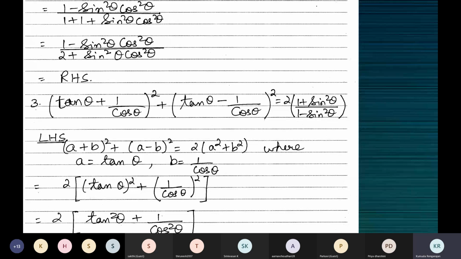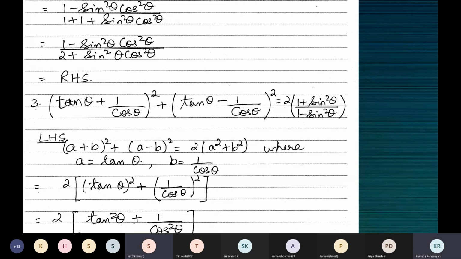What is the next step? Ma'am, tan square theta plus secant square theta. What? Tan square theta is?